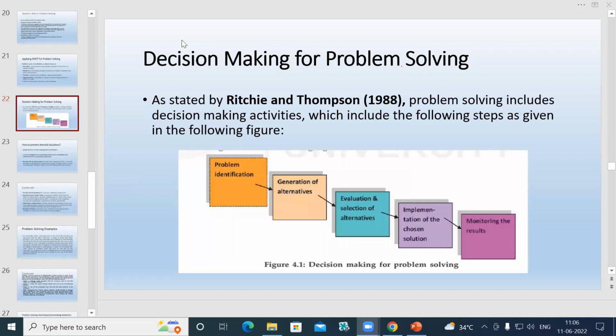First you identify the problem, then you generate the alternatives or solutions, then you evaluate and select the alternatives, then you implement the chosen solution, and then you monitor the result. So these are the steps of responsible decision making for problem solving.